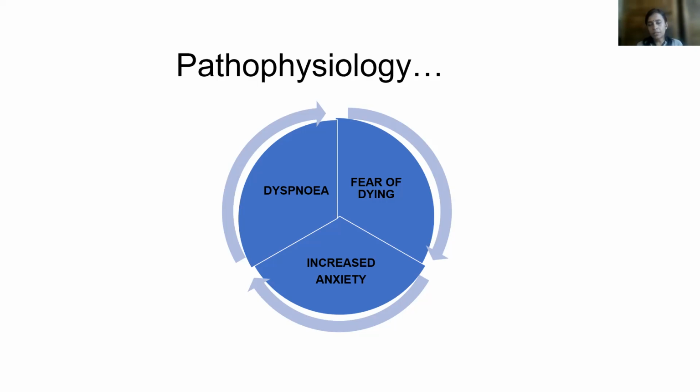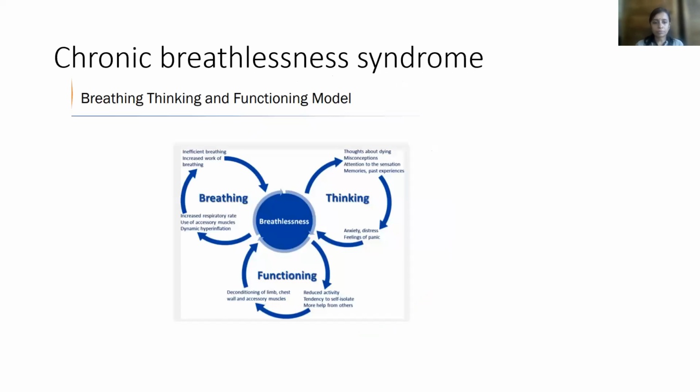The same way, when someone is scared of dying, scared of their illness, they will be anxious. Any anxiety can cause dyspnea. So this is a new concept called chronic breathlessness syndrome. It is called the breathing, thinking, and functioning model, which is the same thing that I just mentioned.